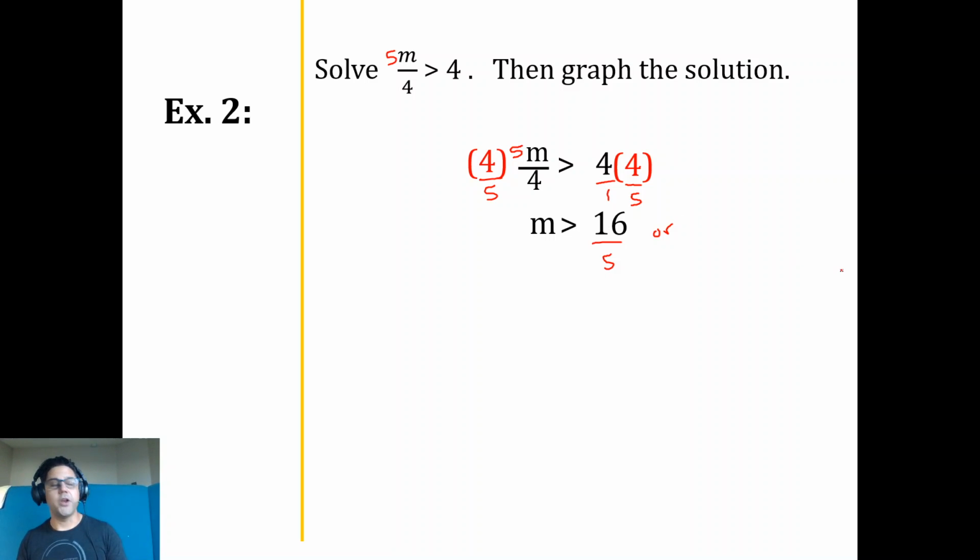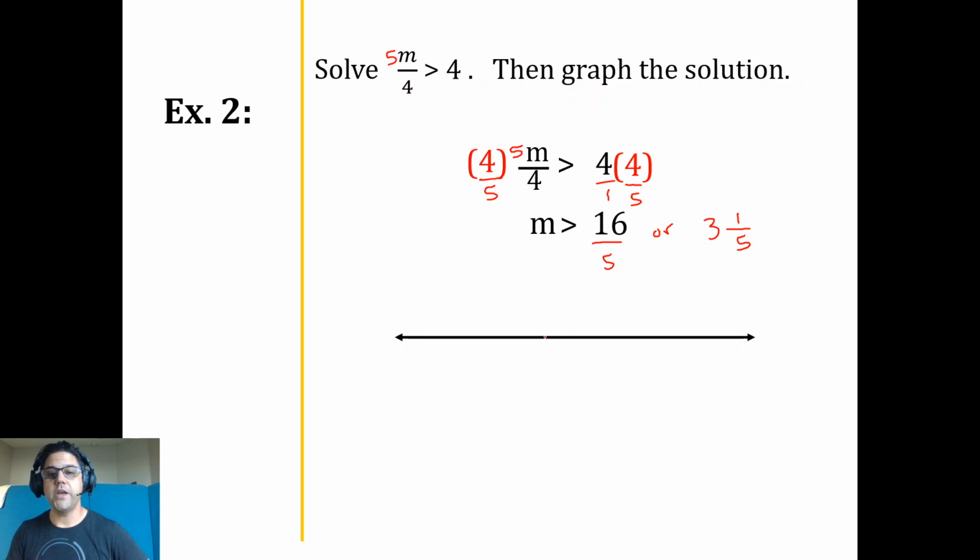Or, again, remember, we don't want to graph an improper fraction. We want a mixed number. So we know that 5 goes into 16 3 whole times and a fraction piece. 5 times 3 is 15, but I got 16, so I need one little piece there. So when we go to the graph, remember, it's going to be between 3 and 4.